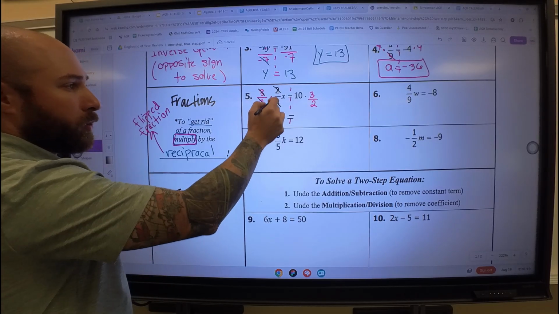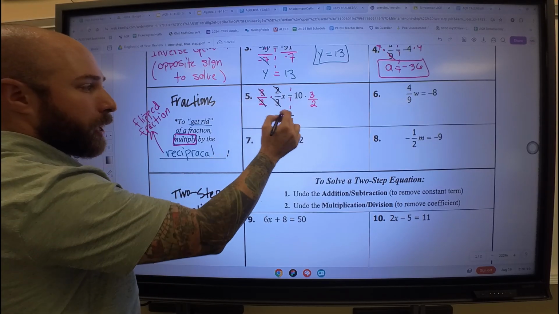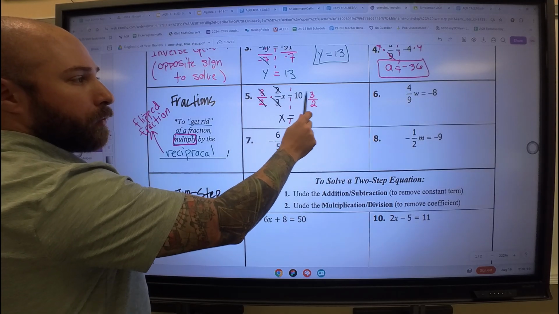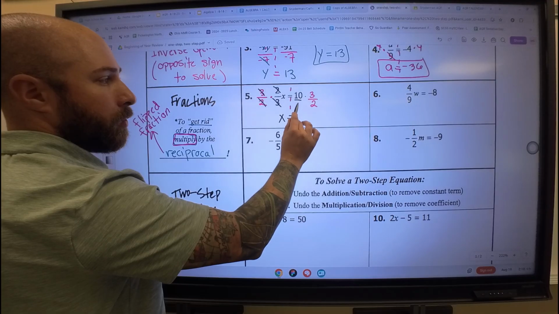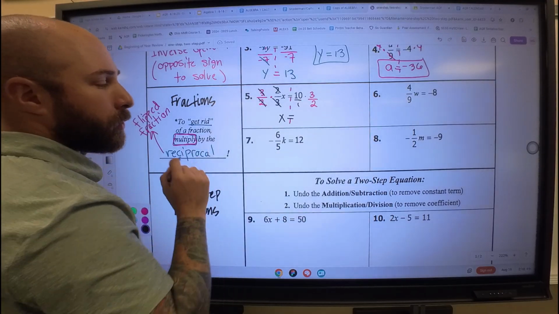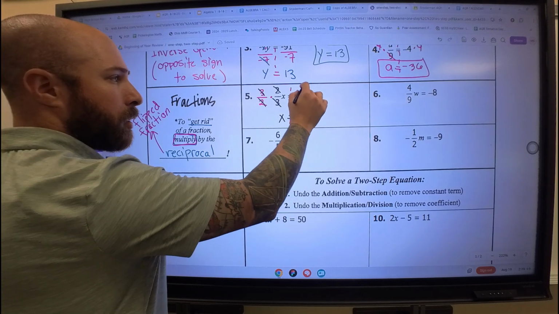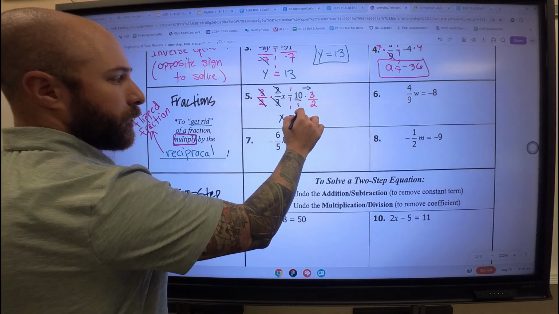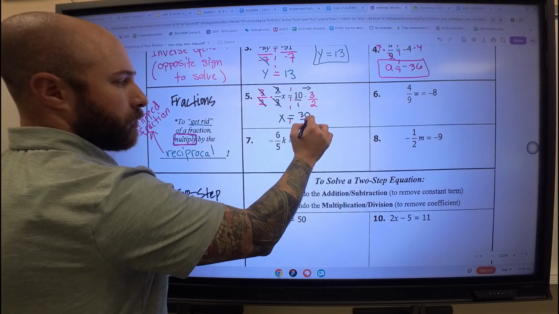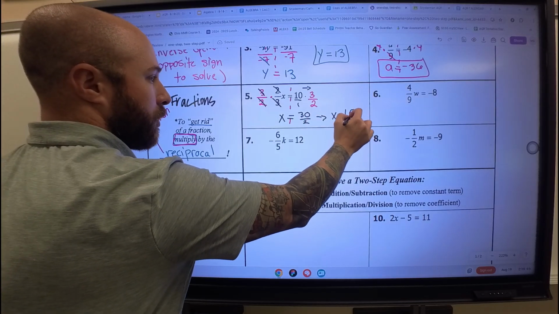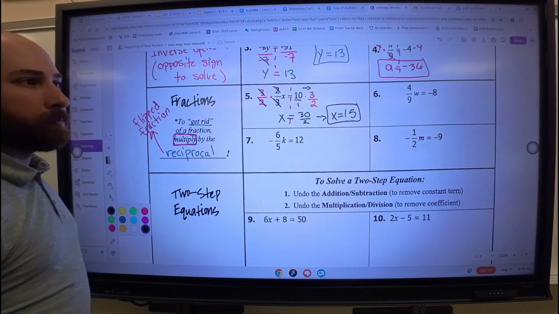Same thing with the 2's, 2 over 2 is 1, leaves us with x. And on the right side, I technically have two fractions here. It's 10 over 1 times 3 over 2. And when we multiply fractions, we multiply straight across. 10 times 3 is 30. 1 times 2 is 2. And that tells us that x is equal to 15.